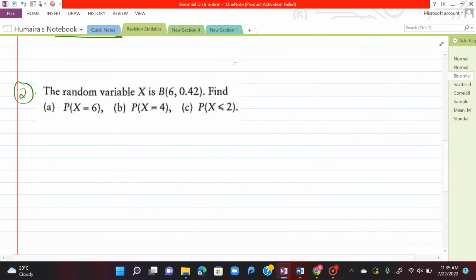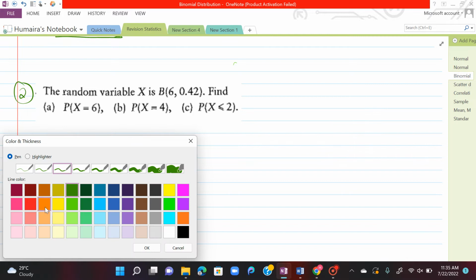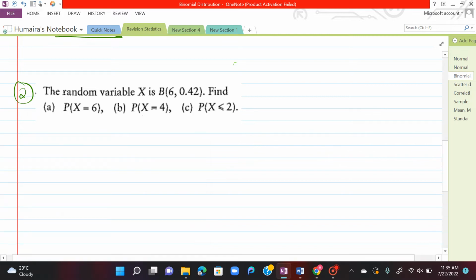All right, now the second question. The random variable x is this, find so on. So if this is binomial, this is your n value, this is your p value. Find probability of x equals 6, x equals 4, and this. So this is now simple.